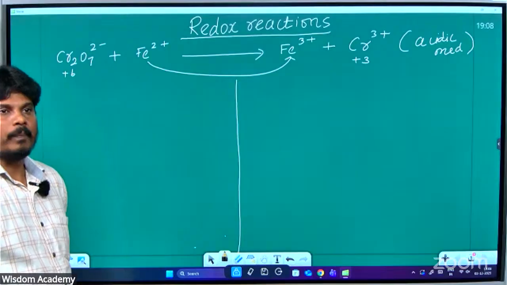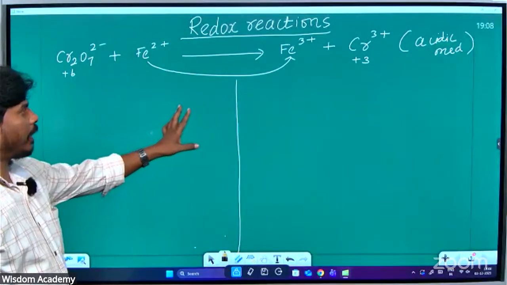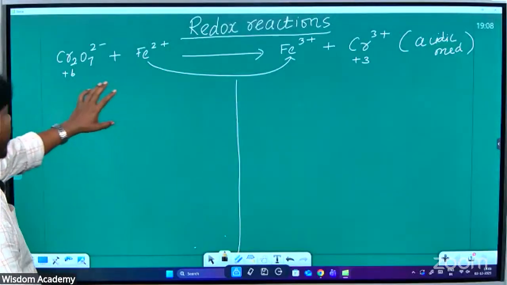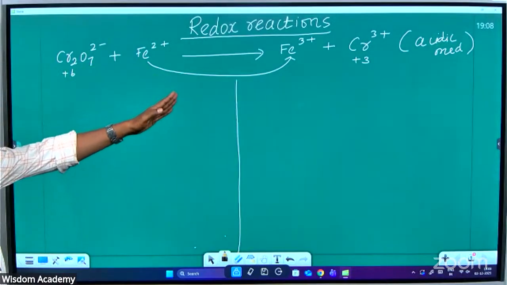So okay, listen. Balancing redox reaction by half reaction method. First, you have to separate into two half reactions. First one is oxidation, another one will be reduction.